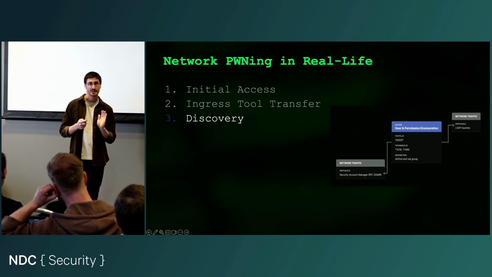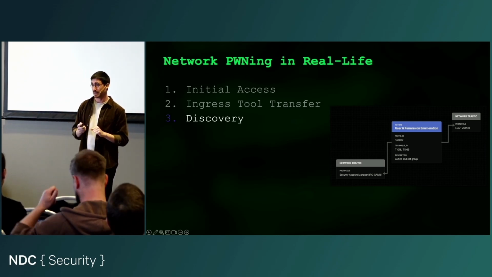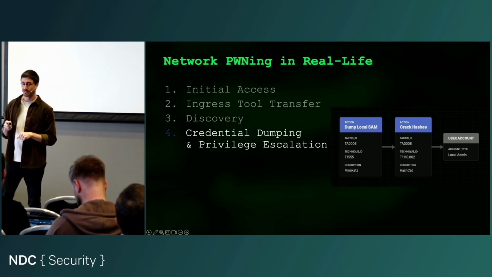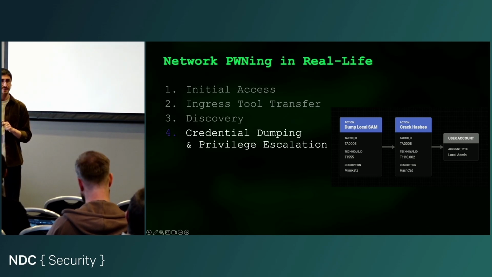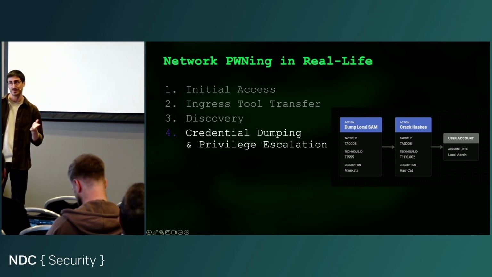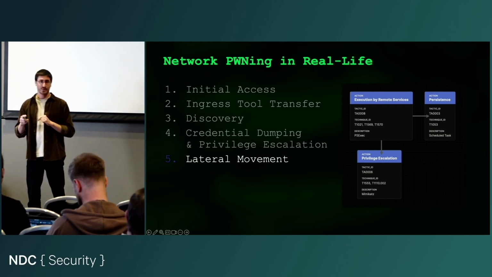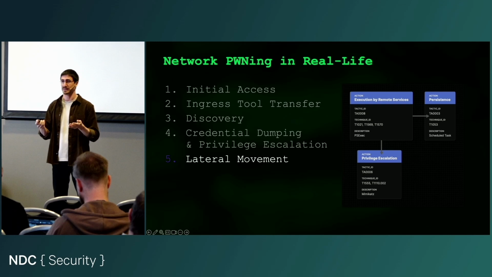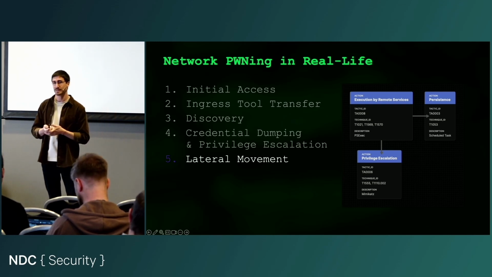Discovery: the attacker starts looking around for points of interest in the network. Then there's a phase of credential dumping and privilege escalation. This is when the attacker tries to get a better foothold on the network. Then moving between different machines. This is what we call lateral movement, so that if it's malware, it spreads across the machines.